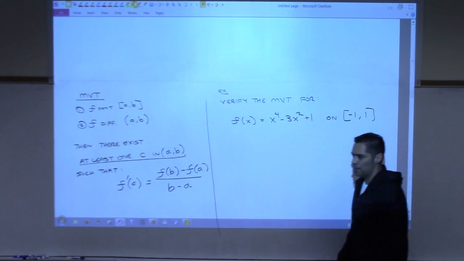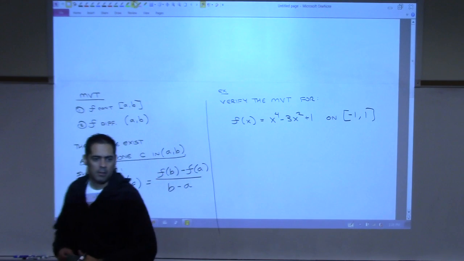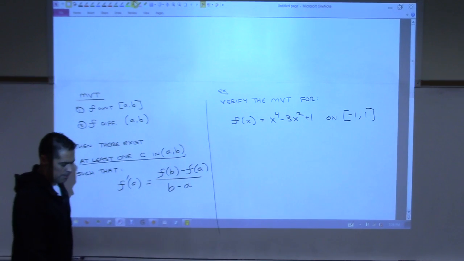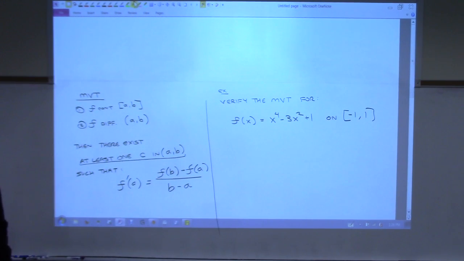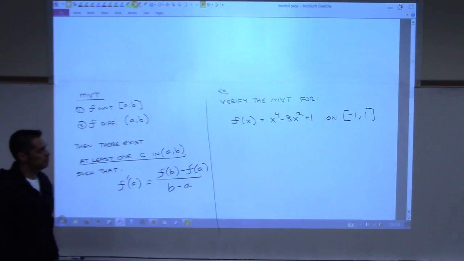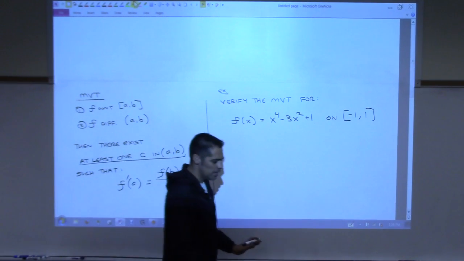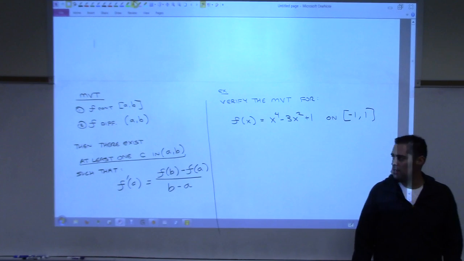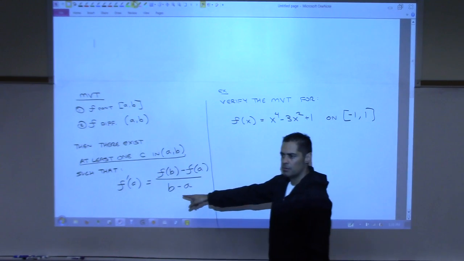I'm completely making this problem up. We don't need to graph it. We don't need anything. All we need to do is verify that this is true.